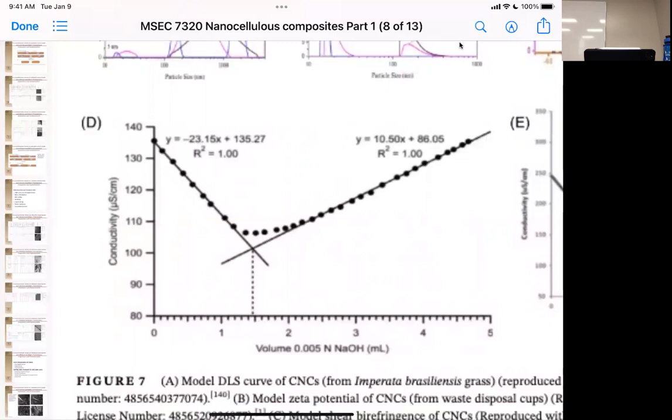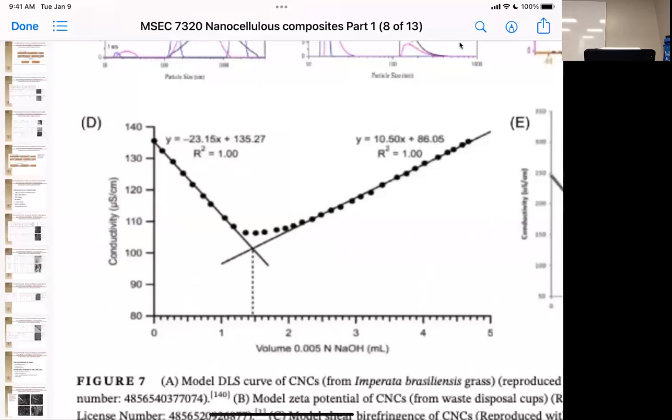And then as they take away the protonated species along the nanocrystals, it goes until you have a breakpoint, and then conductivity goes back up because now you're taking the protons from those. From that, you can get an average hydroxyl number, which gives you an average of their size.